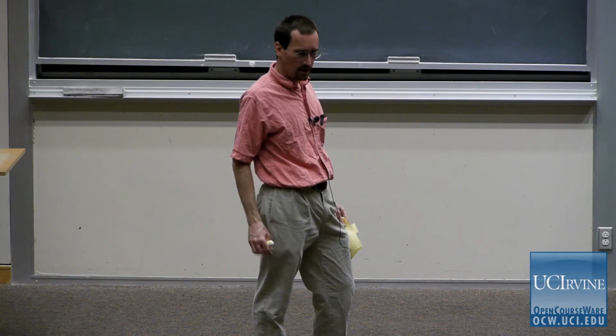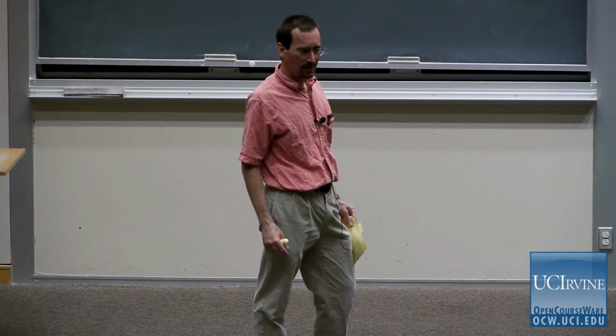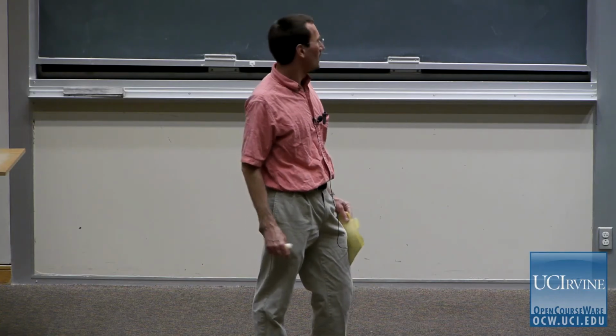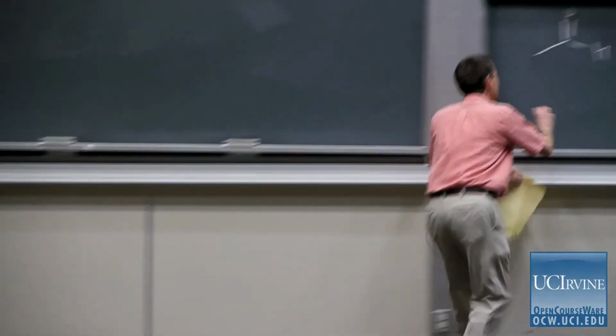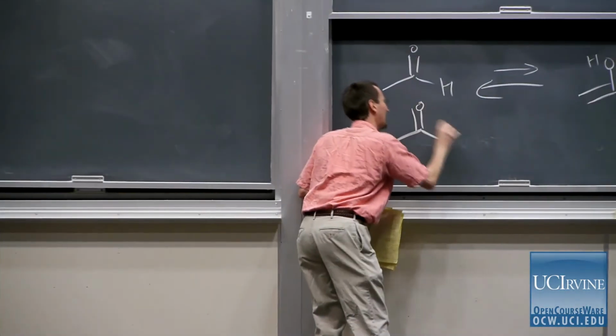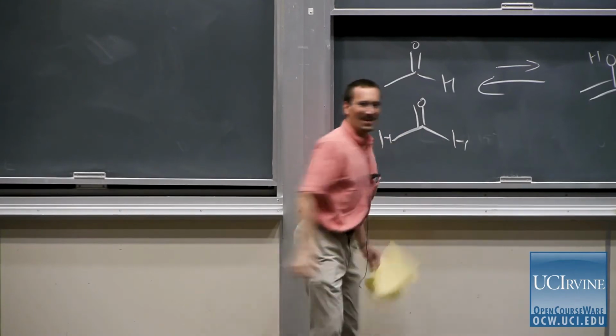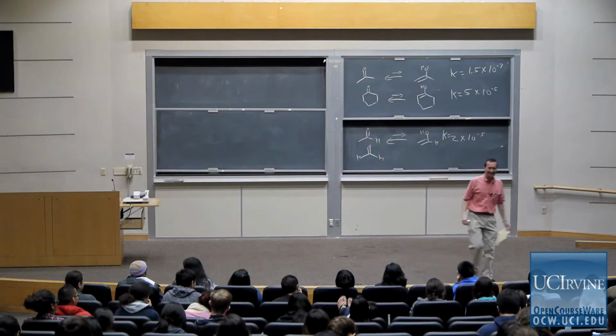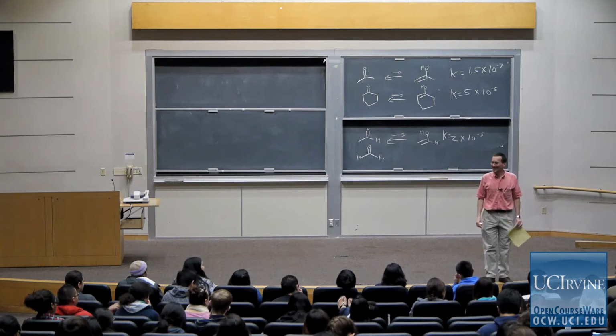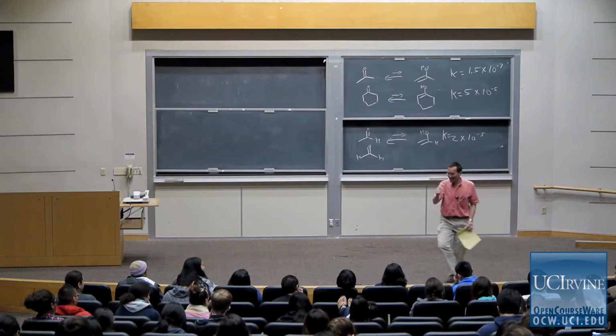So does formaldehyde have more of an enol form because it's unstable? All right, who wants to answer this question? Someone. Enol form of formaldehyde. Can't.